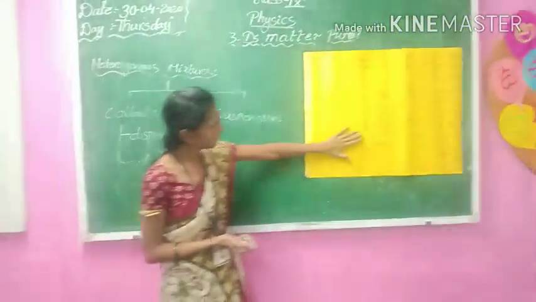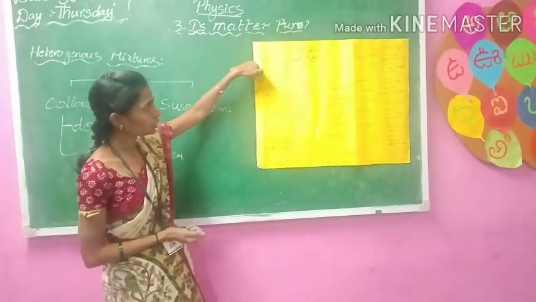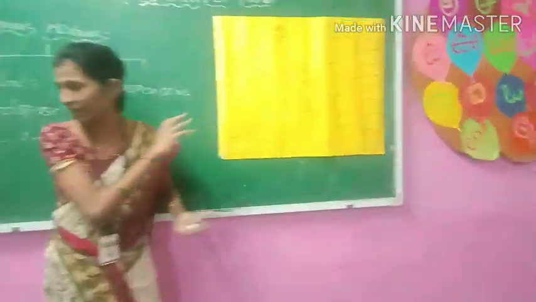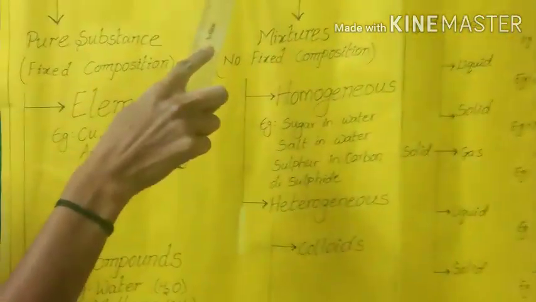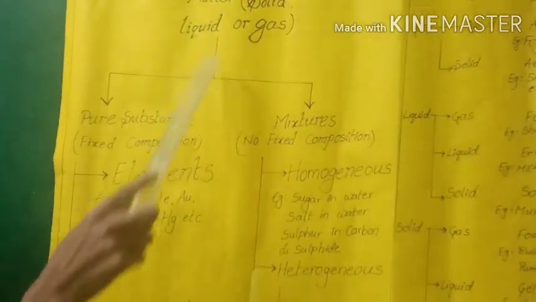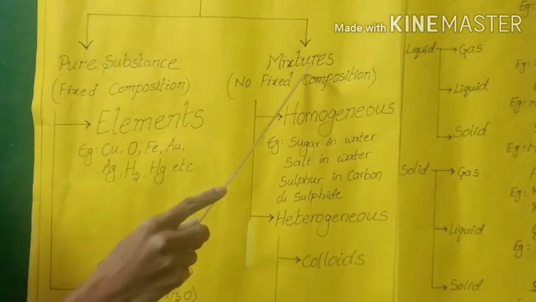So here we have the segregation of matter into pure substances and mixtures. Here we have a flow chart. Matter can be in solid state, liquid state or gaseous state. It can be segregated into pure substances and mixtures.